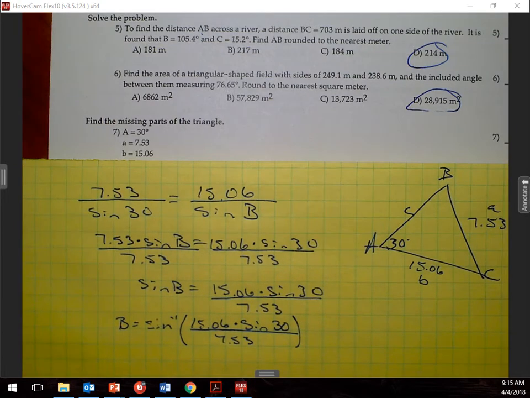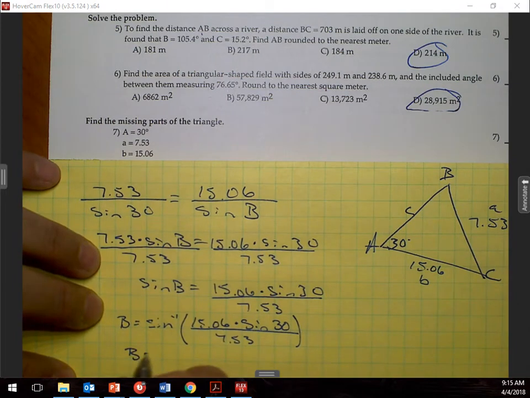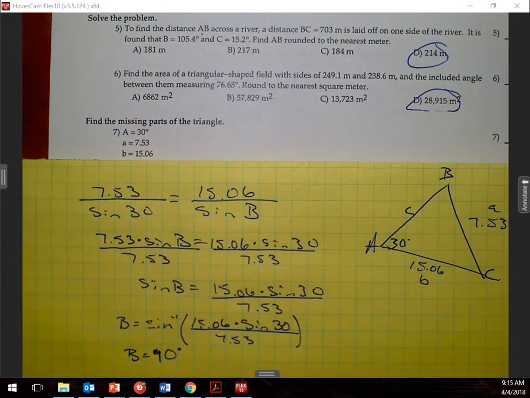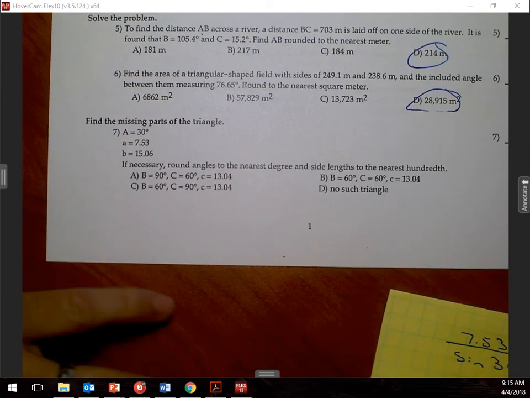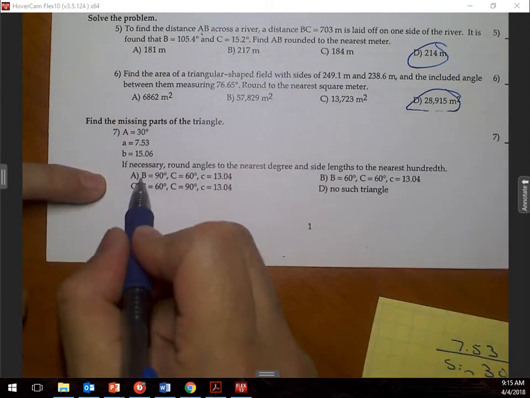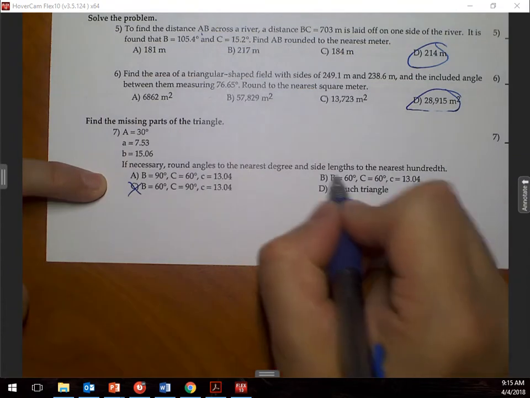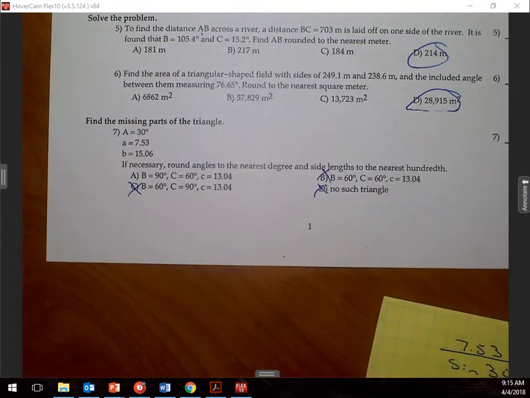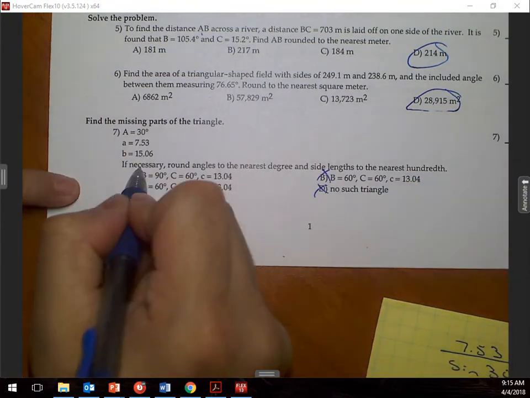So what did you get? 90? Okay, 90. So you already know what the answer is. If big B is 90, it's going to be 60 for C. So big B is 90, so that's not there, not there, not there. So the answer has to be A.